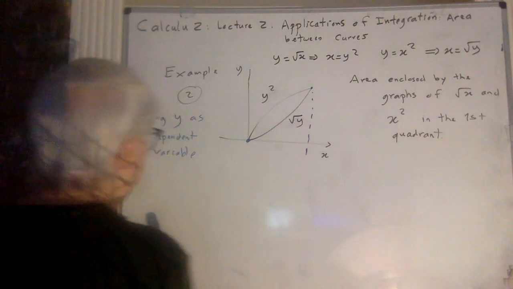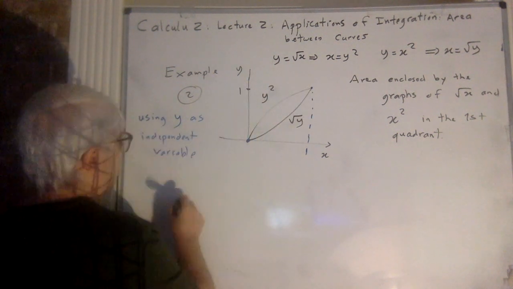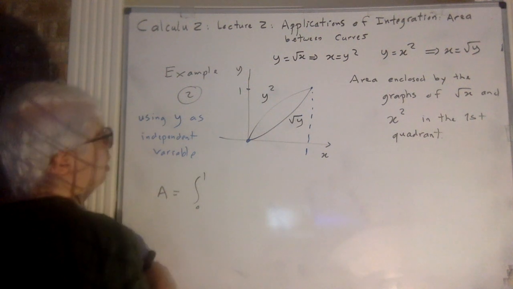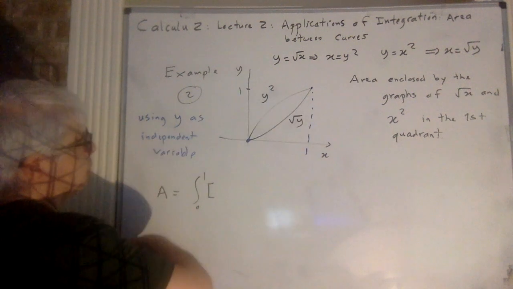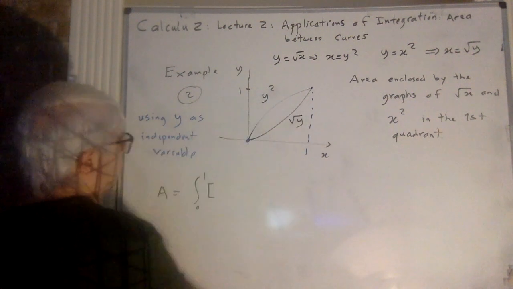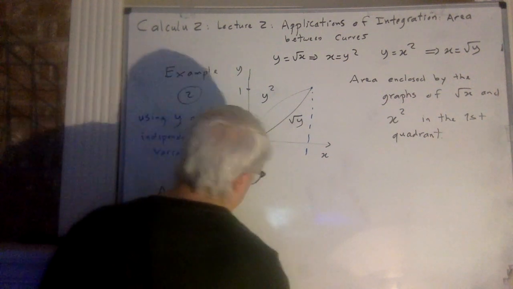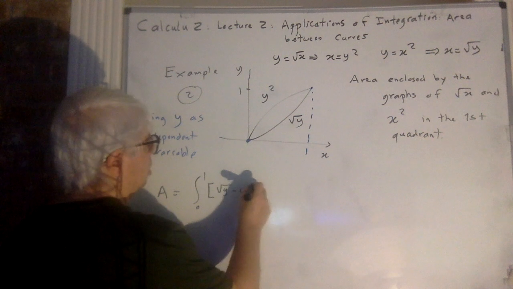Now the integral again goes from 0 to 1, and it's the right side minus the left side. So the right one is square root of y, minus y squared, dy.